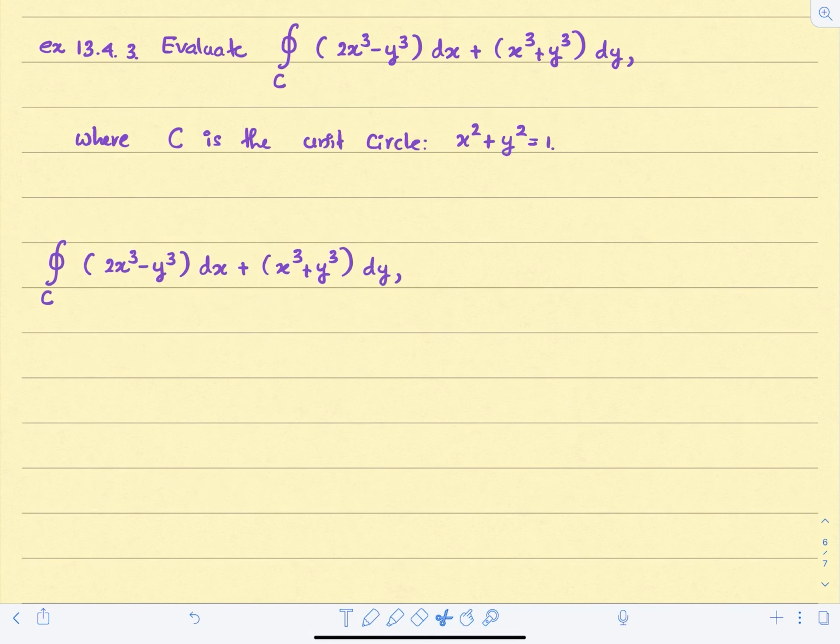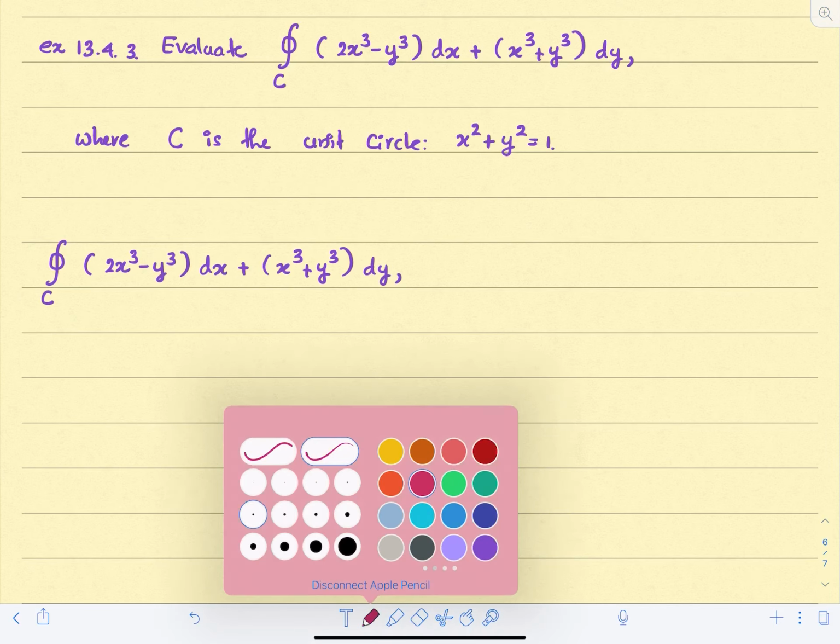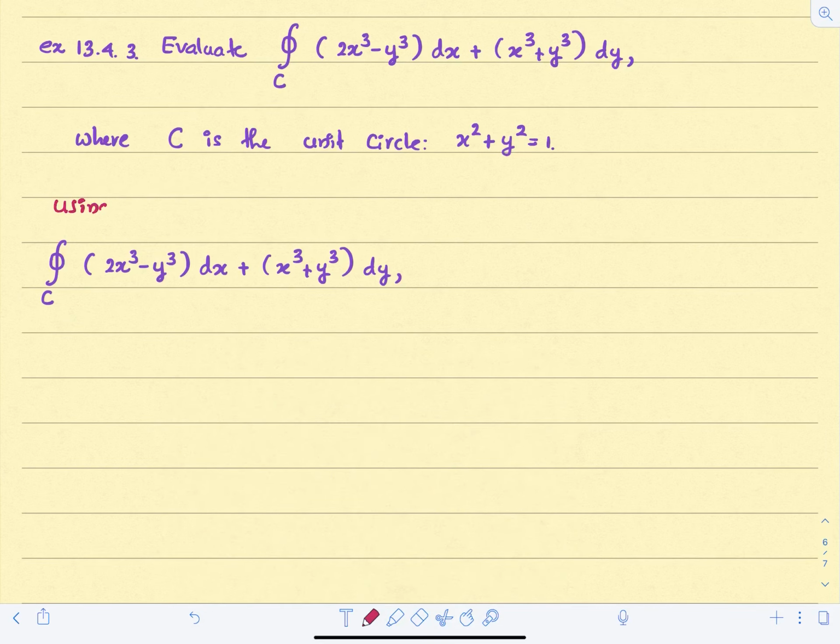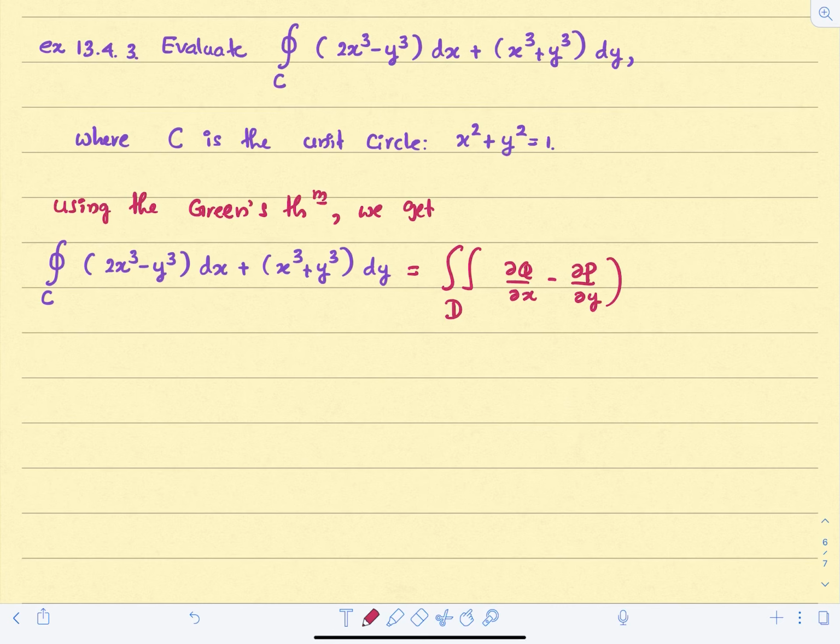So using Green's theorem, we get this line integral equals a double integral over the region D, and here you should get partial Q over partial x minus partial P over partial y dA.